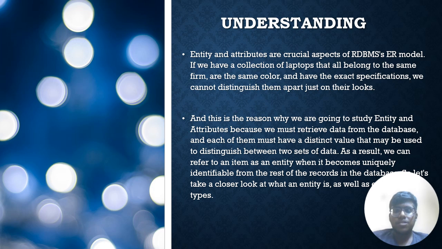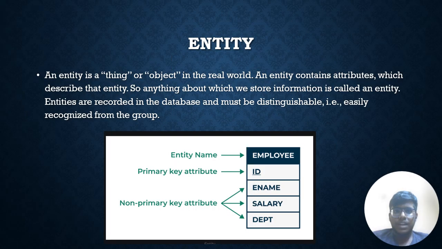And let's take a closer look at what an entity is, as well as its types. Entity. An entity is a thing or an object in the real world. An entity contains attributes which describe that entity, so anything about which we must store information is called an entity. Entities are recorded in the database and must be distinguishable, easily recognized from the group.